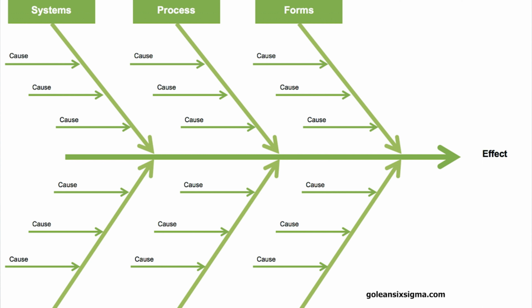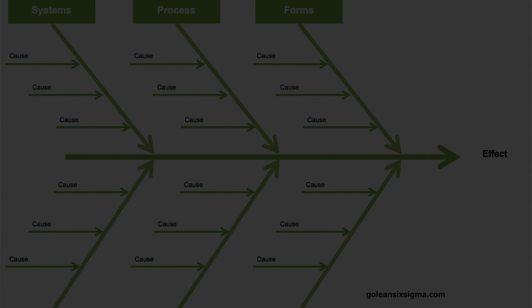When you want to determine the root cause of something, a fishbone diagram or the Ishikawa diagram is probably the best way to go, because that's when you're actually determining what is the root cause of your quality problem. Again, not specific to any one of these buckets, but if I had to choose, I would move it to the data collection side.